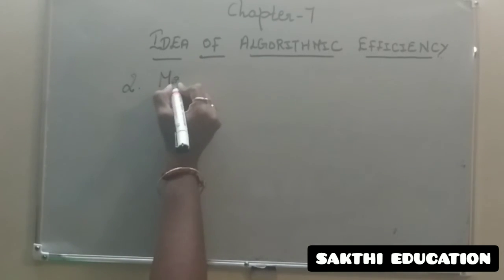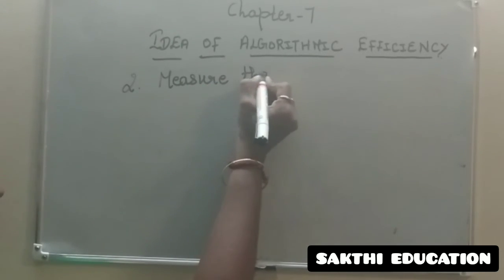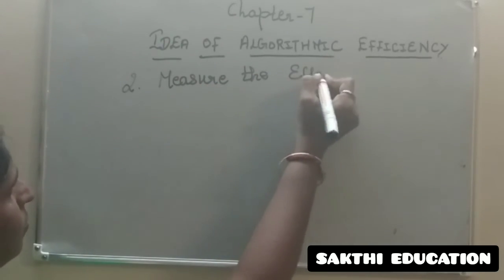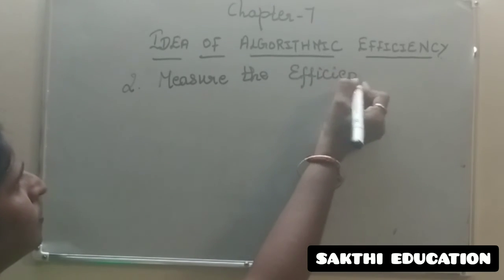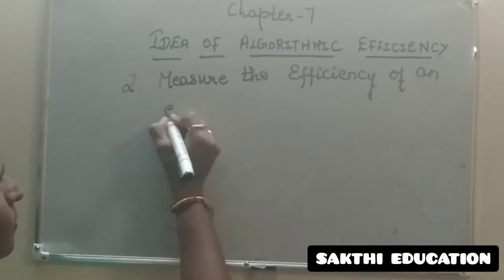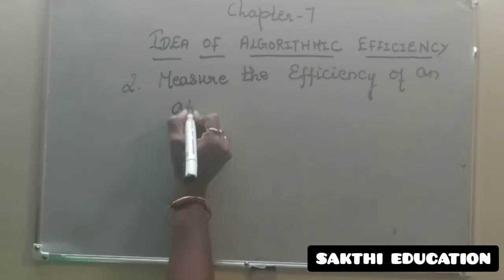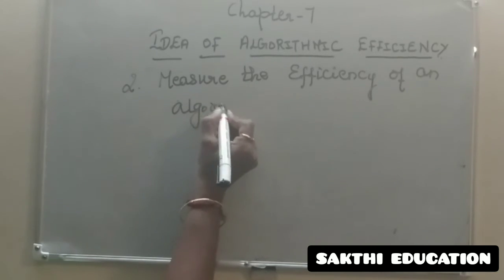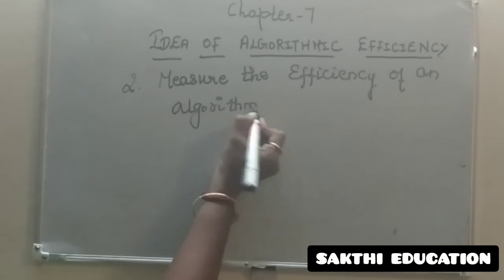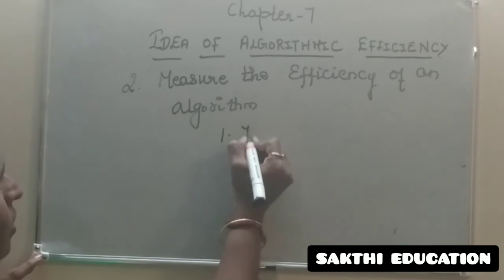Your second topic is measuring the efficiency of an algorithm. Only two things you have to say. One is internal factor.